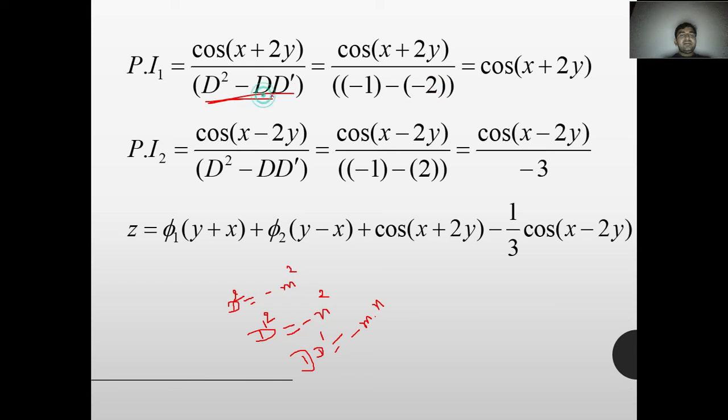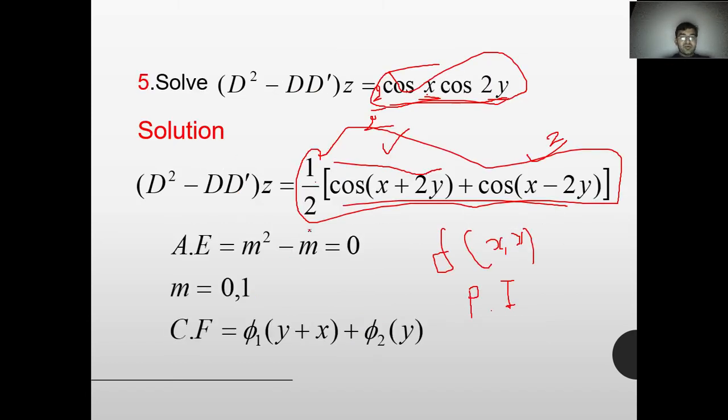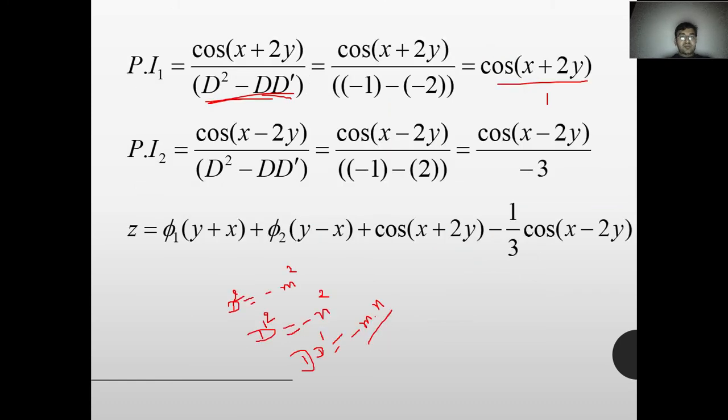So m into n is equal to 2 into 1 is equal to 2, and minus. So minus plus 2 minus 1 is equal to 1. So upon 1, and here 1 by 2 multiple is 1 by 2. So 1 by 2 into 1 by 2.